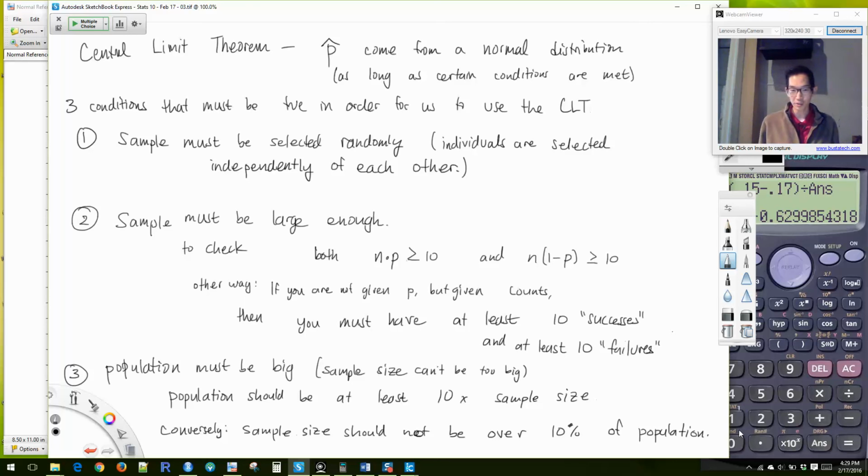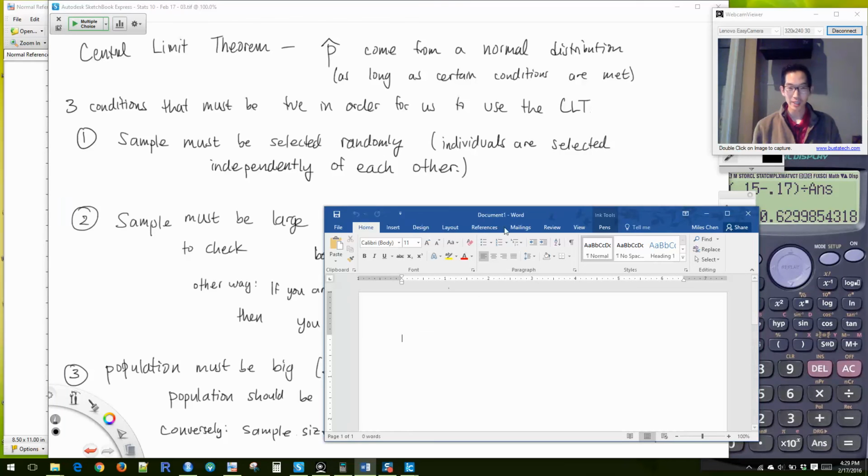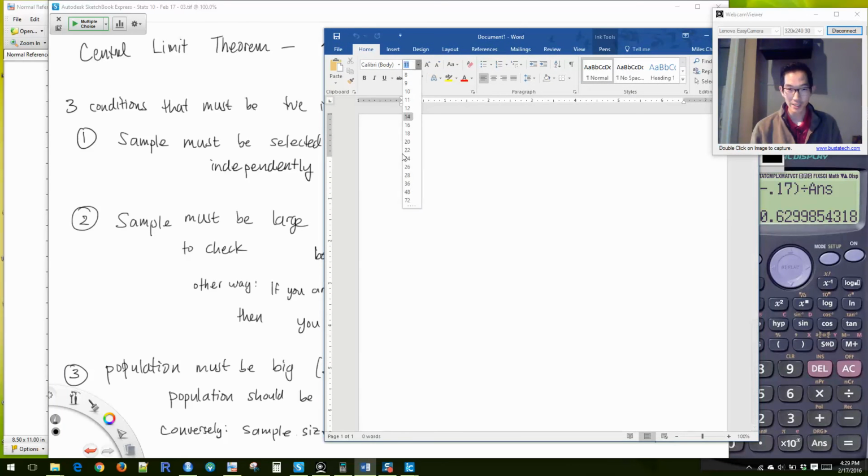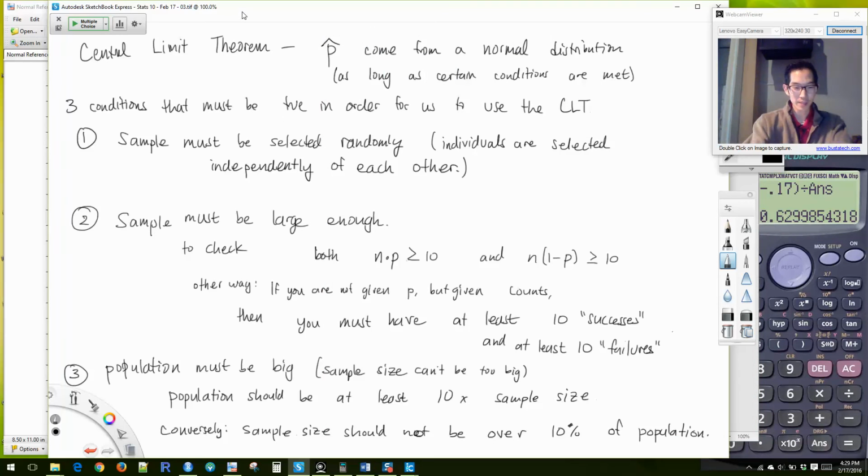So I'm going to put up a series of 3 or 4 questions, and we'll decide if any of these conditions are violated. To help, I can type faster than I can write by hand, so I'm going to type out my questions here.